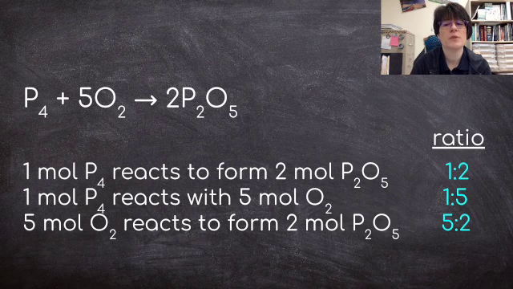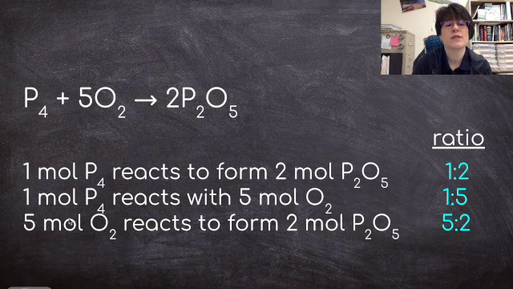What we notice from this reaction is these numbers in front, the coefficients, make ratios. And remember, the coefficients out front stand for moles. So we know that 1 mole of phosphorus reacts to form 2 moles of phosphorus oxide, so their ratio is 1 to 2.